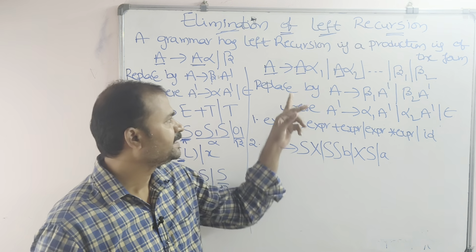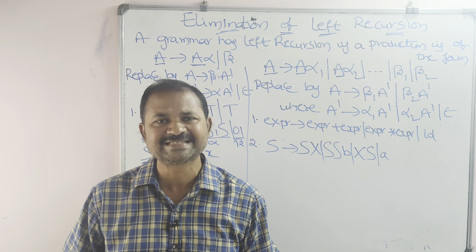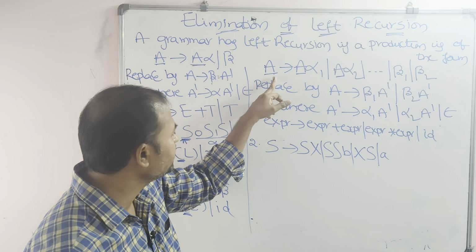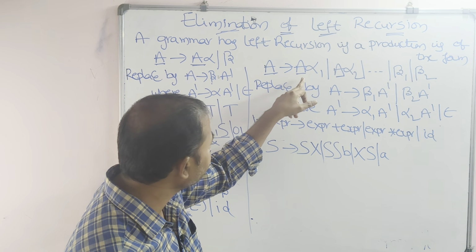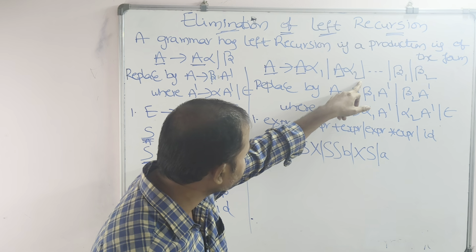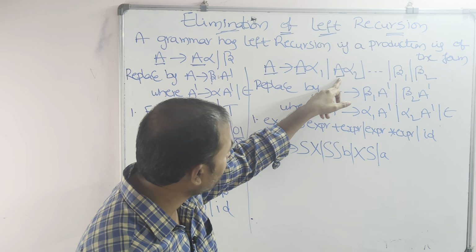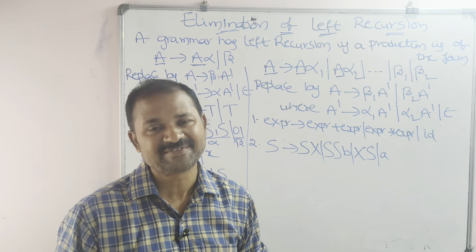If a production is of this form, then also we can say that the production has left recursion. If you observe here, the left-hand side non-terminal is A, and in the first production the right-hand side begins with A. In the second production also the left-hand side non-terminal is A. So we can say that this production has left recursion.